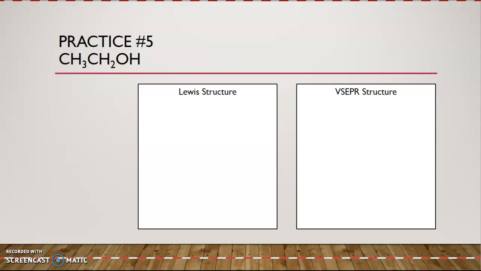Now, this one is going to be a little bit trickier, but I'm going to go ahead and do it with you. I'm going to go ahead and skip to the Lewis structure because our formula here gives us some indication as to what our molecule is going to look like. So I have my CH3, so I'm going to go ahead and draw my CH3 chunk here, bonded to a CH2, bonded to an OH, an alcohol group here.